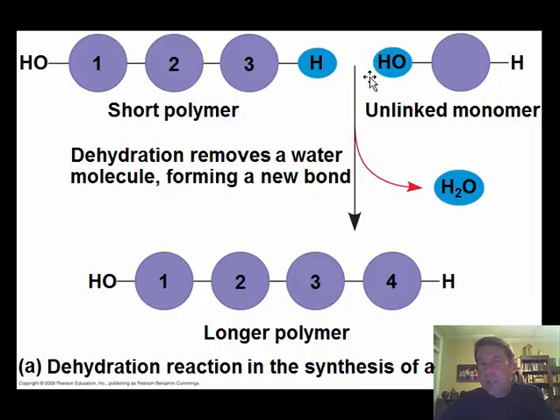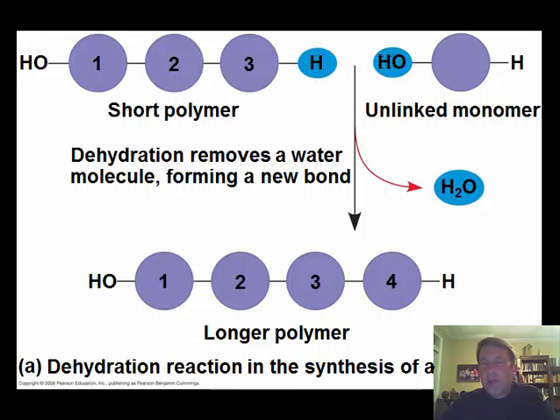this is the process where water comes together. So here's an example of a short polymer. It has three monomers to it. And here's one unlinked monomer. And it has an HO here. And this has a hydrogen attached on this end with a bond. And so when these molecules come in contact with each other, this HO and the hydrogen here can hook together and give us two hydrogens and an oxygen, and that could separate.